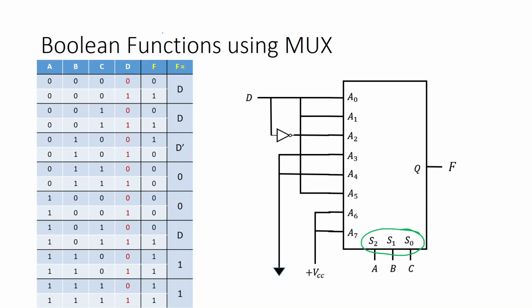You have to express the least significant bit in the binary input word. You have to express the function f in terms of that. So you would express f in terms of D.